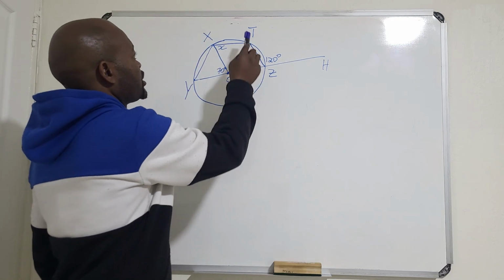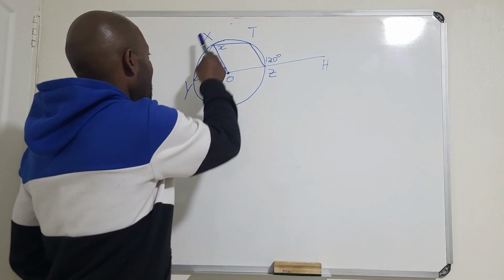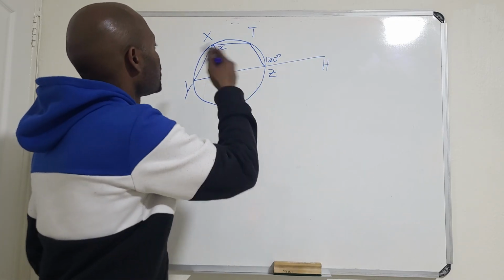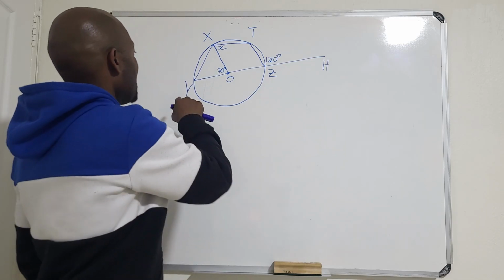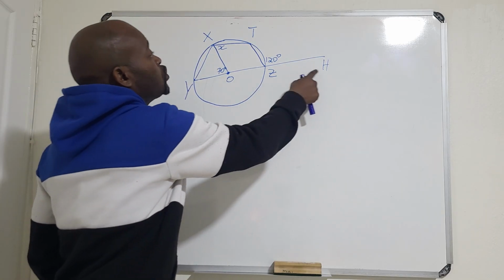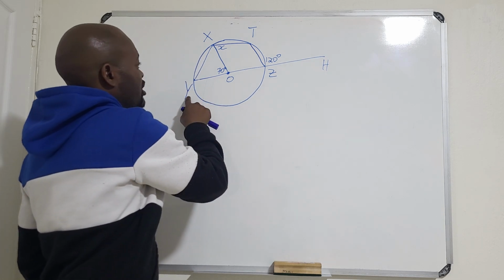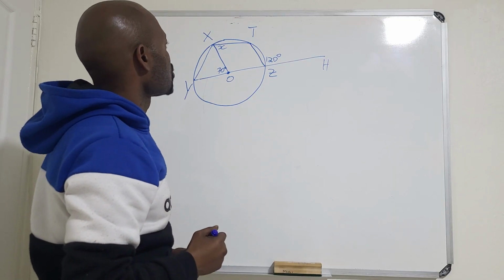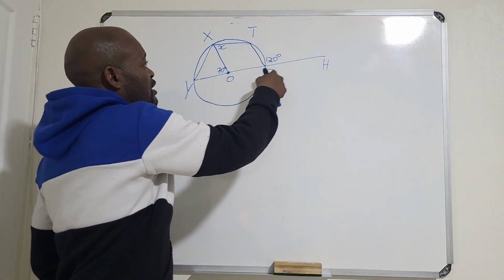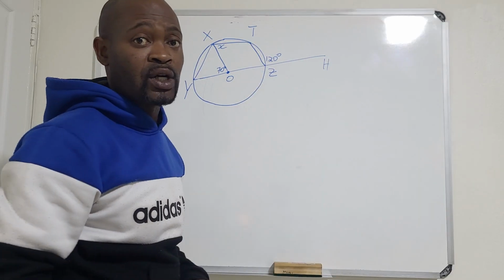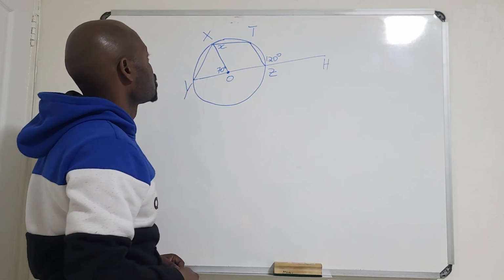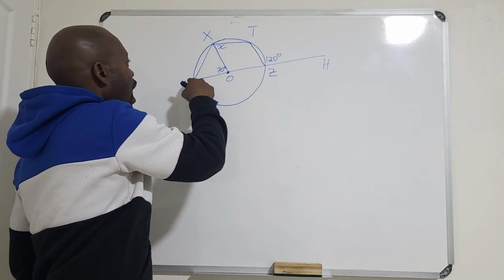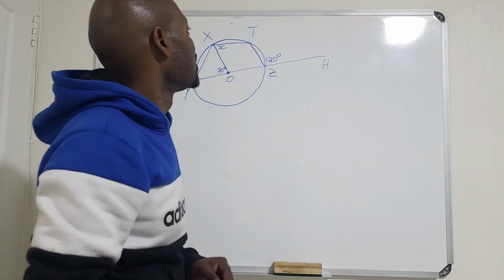X, Y, Z, T are points on the circumference of a circle with diameter YZ produced to H. Therefore, this diameter YZ is produced to H. We are also told that angle TZH is equal to 120 degrees. We are also told that angle XOY is 70 degrees.